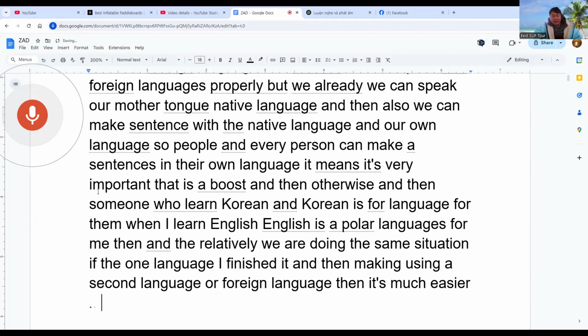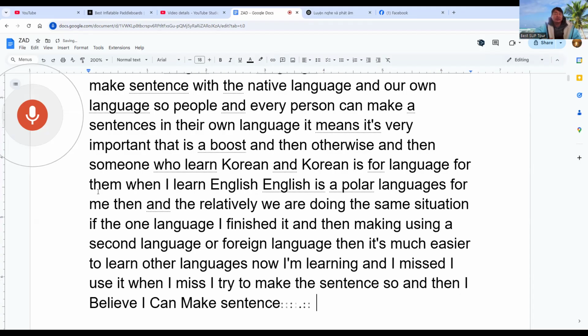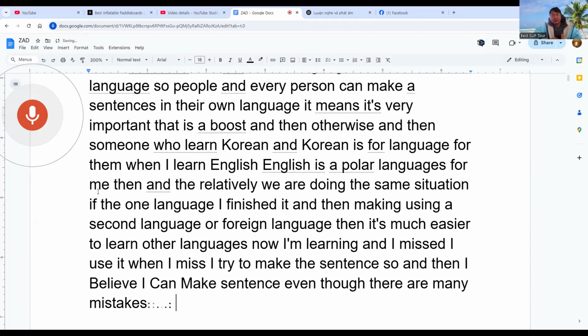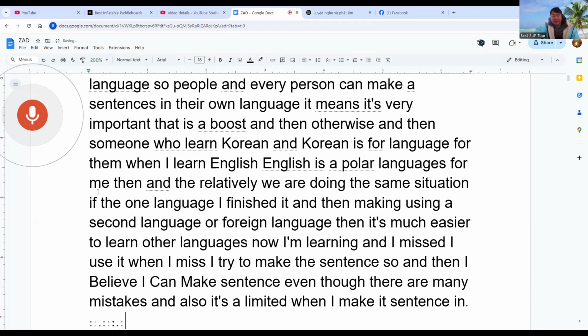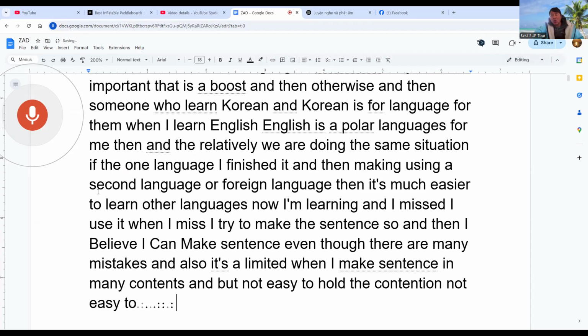to learn other languages. Now I'm learning Vietnamese. I try to make sentences in Vietnamese. I believe I can make sentences even though there are many mistakes, and it's limited when I make sentences in many contexts. It's not easy to hold the content, not easy to make all kinds of sentences, but I can make sentences.